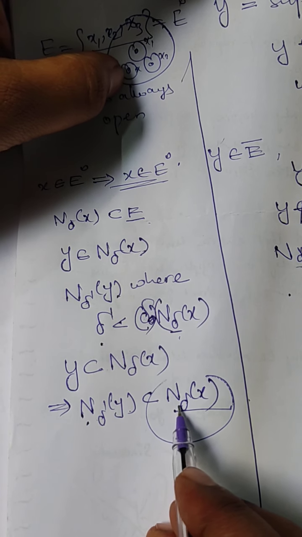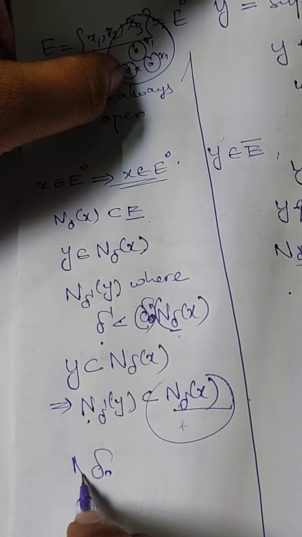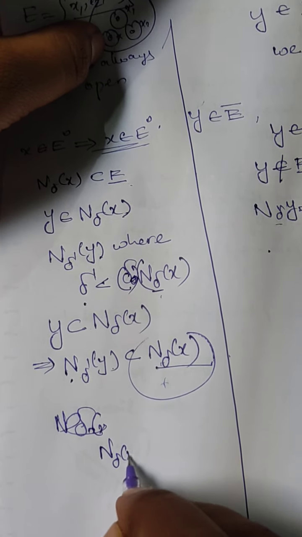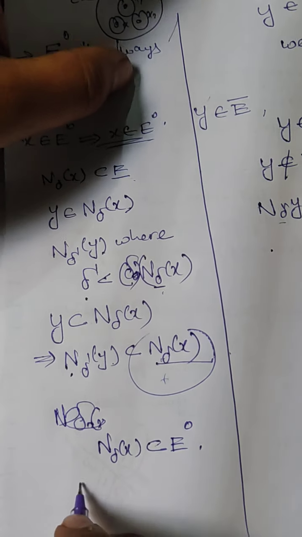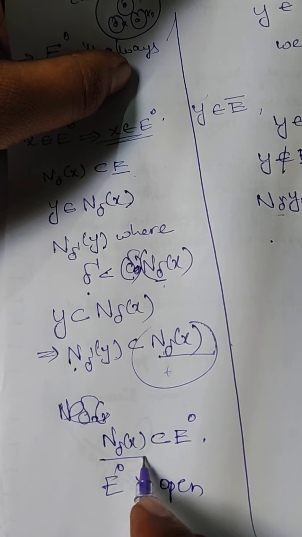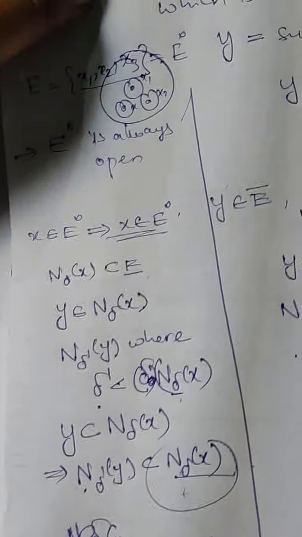From there we get that N delta x is a subset of E interior. From there we get that E interior is open. Since N delta x is open, we get that E interior is open. All right.